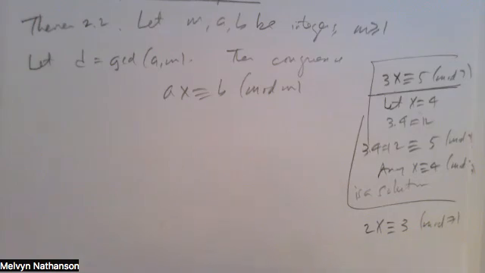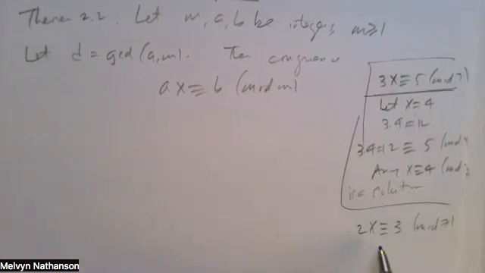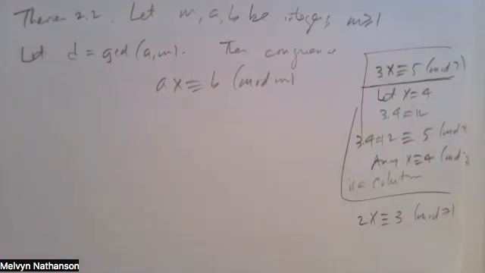What's the solution of this congruence? You want to find an integer that solves that congruence. So let's pause for a minute and I'll give you a chance to do this.